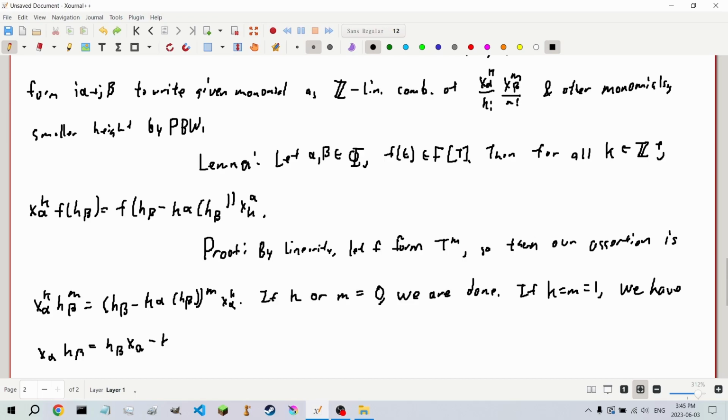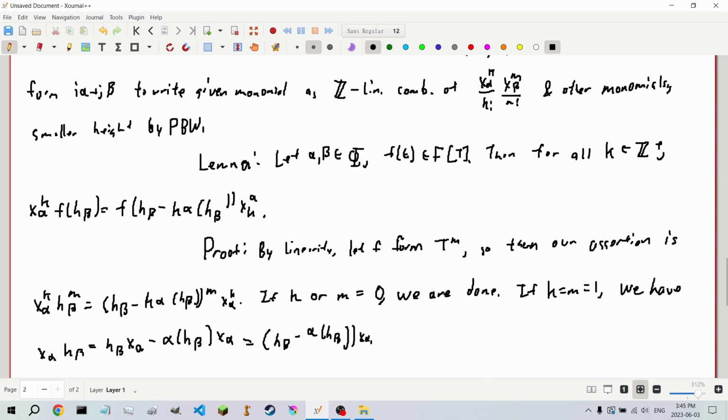No, k is 1, so that's just going to be alpha of h beta times our x alpha, which is our h beta minus alpha h beta times x alpha.